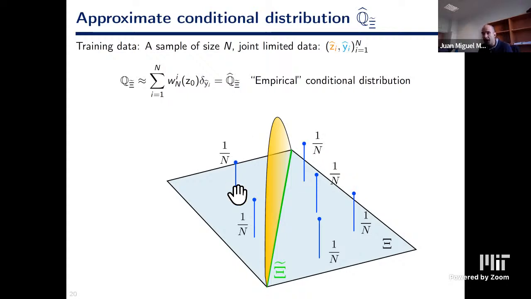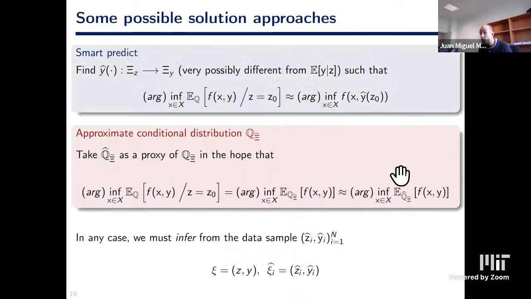So we have our data sample that we represent in this figure with the blue points. These blue points make up a joint empirical distribution of my context and the uncertainty y. The idea here is to use a local method for conditional inference, such as the k nearest neighbors or the Nadaraya-Watson estimator, to construct a conditional empirical distribution that we are going to use in the surrogate model, as a proxy of the true conditional one.